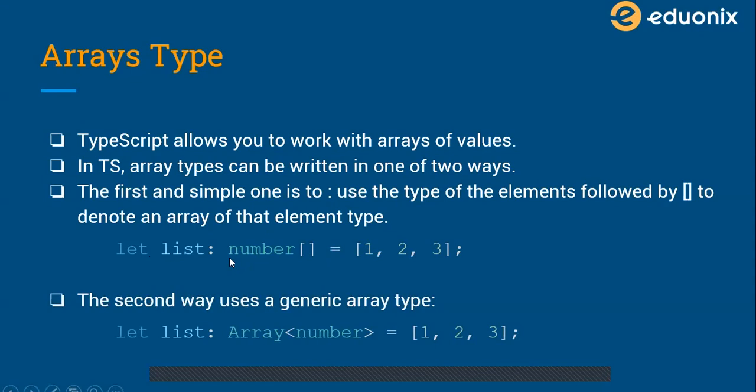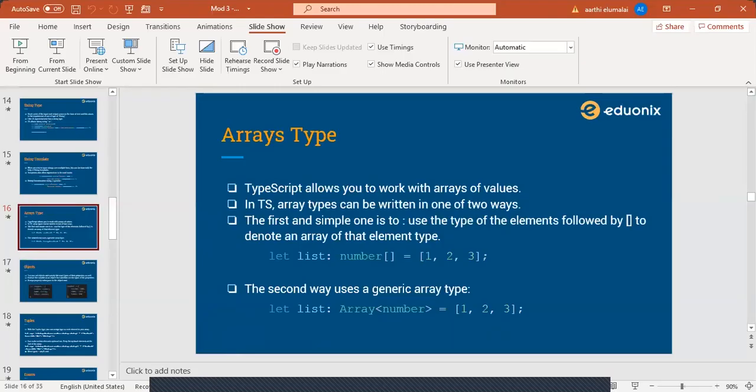One of them is just specifying the type, like array of numbers, array of strings. So if it's an array of number, then number and then square brackets, or you can specify the Array object, and then within your brackets like this, you can say number, which means it's an array of number. Okay, so I'll show you an example.